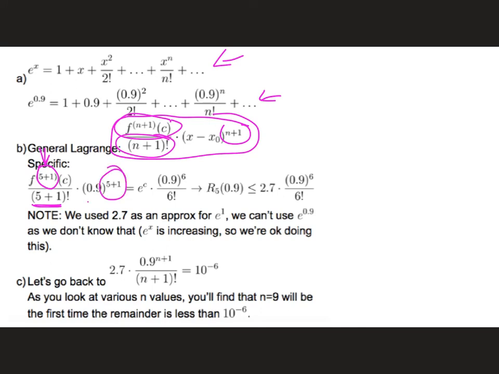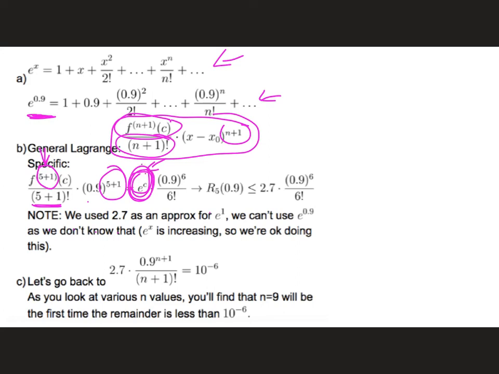Now, I have an e to the c right here, and I wrote a note. We use 2.7 as an approximation for e. We can't use e to the 0.9 as we don't know that. Because we're trying to approximate e to the 0.9, I can't then use e to the 0.9 here. So you sometimes have to choose values or be given values of what to put in this spot here.